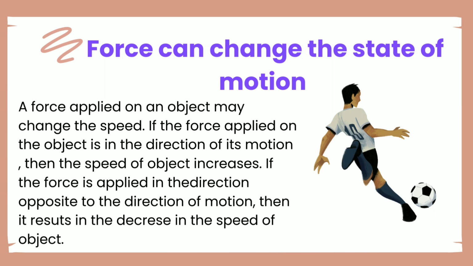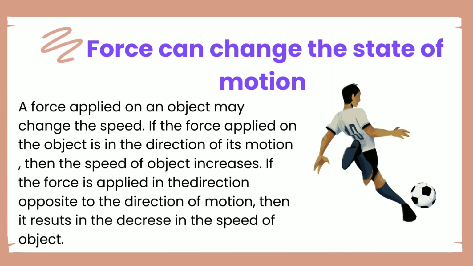Let us now find out what happens when a force acts on an object. Let us take an example. While taking a penalty kick in football, the player applies a force on the ball. Before being hit, the ball was at rest and so its speed was 0. The applied force makes the ball move towards the goal.